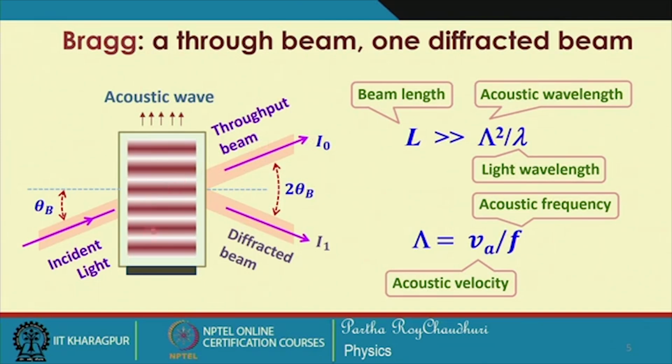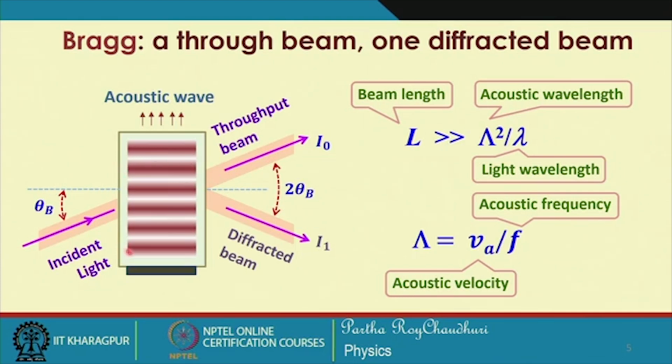And in presence of the acoustic wave under the Bragg condition, the beam will be diffracted as the first order diffracted beam. So, as a consequence, if it satisfies the Bragg angle theta b, then the deflection of the beam under the Bragg condition will be by an angle twice theta b.